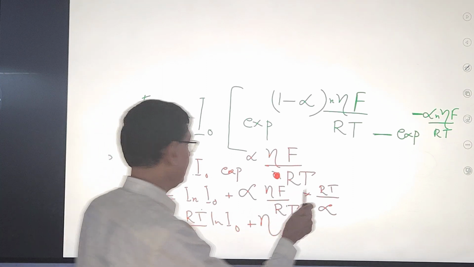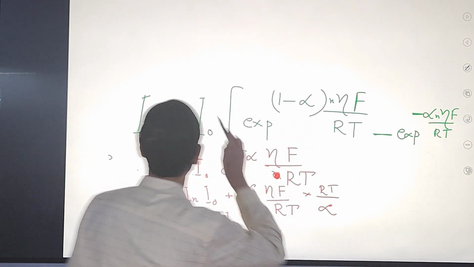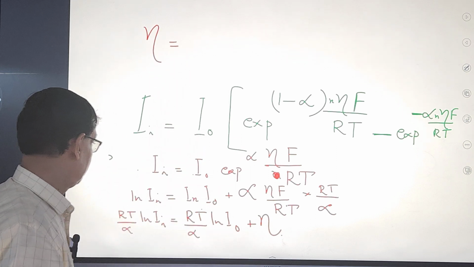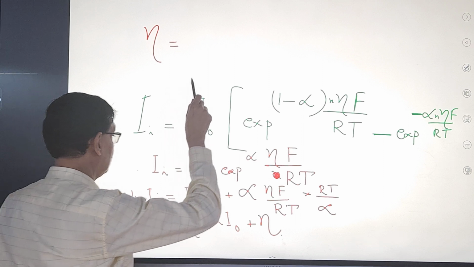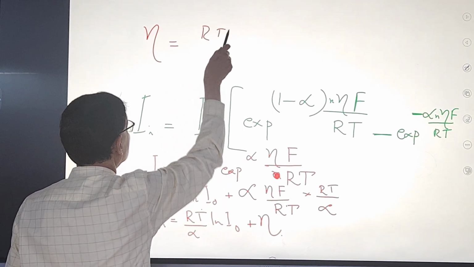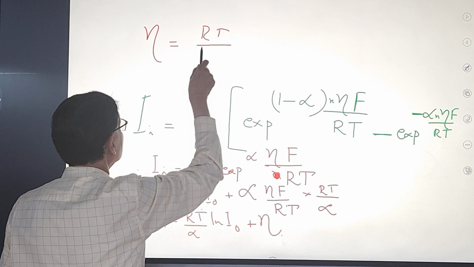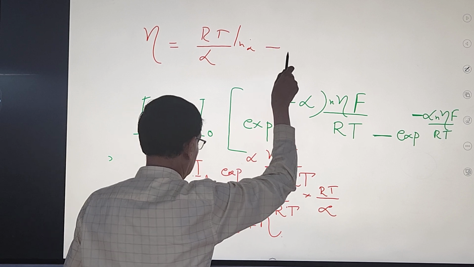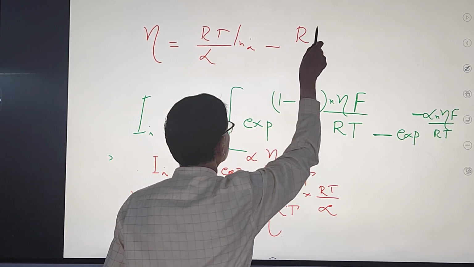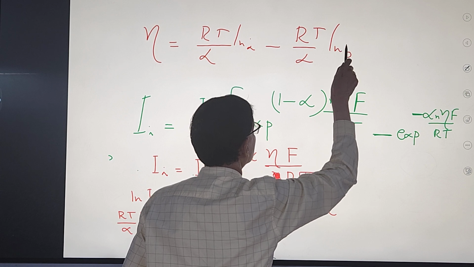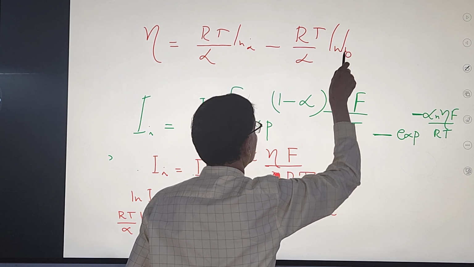Or what I can write like that, eta is equal to RT natural log I0.